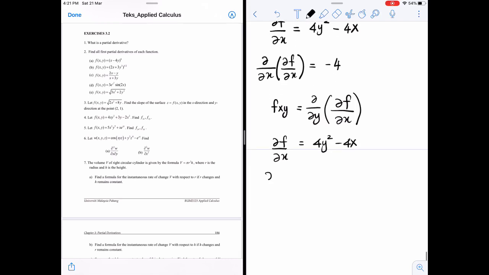Differentiating this function with respect to y, we will get 8y. This one is our fxy. So this is how you find higher order partial derivatives of a function with two variables.